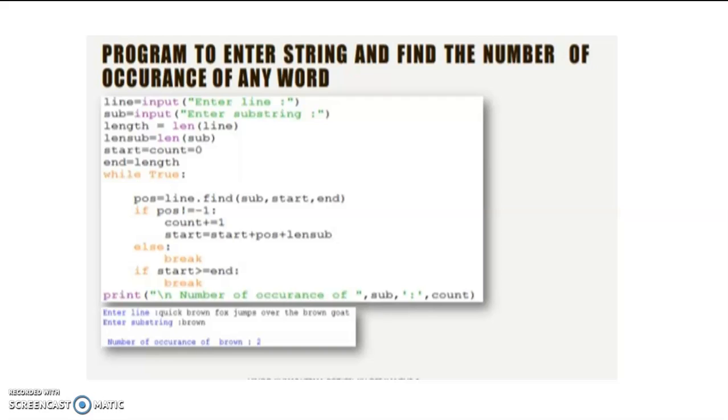That means the start position will be the next one, after the word. Otherwise, if pos is equal to -1, when this condition is satisfied, it will break from the loop. Then it checks if start is greater than or equal to end. When this condition is satisfied, break.